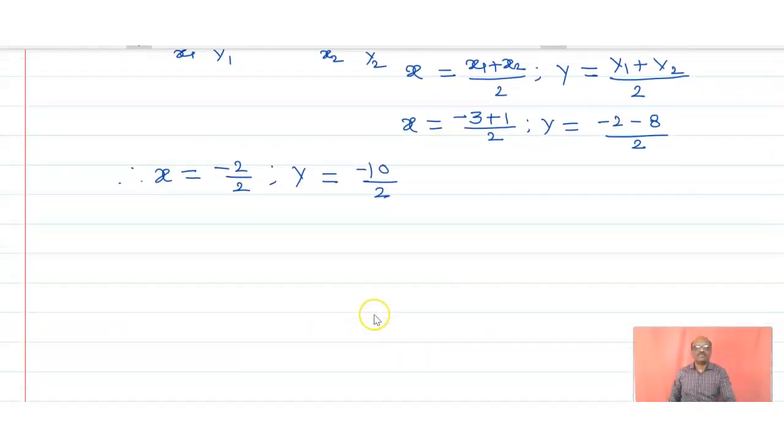Therefore, x is equal to minus 1 and y is equal to minus 5.